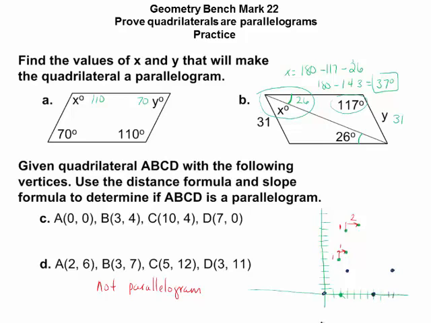Okay. So I go from here to here, I'm going up 1, 2, 3, 4, and I'm going over 3. From here, I go up 4 and over 3. So 4 and 3, 4 and 3. This is a parallelogram.